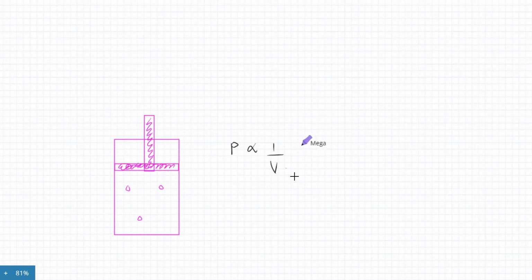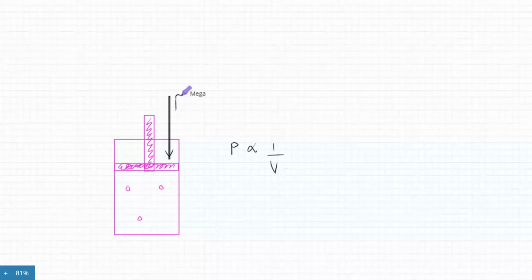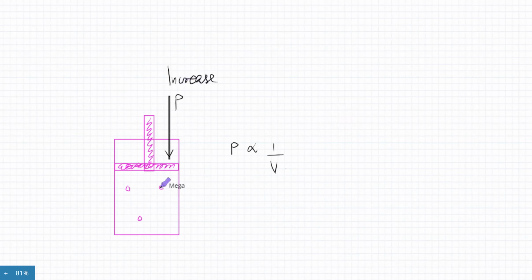And that condition is, so the relationship works perfectly fine. You increase pressure, I start compressing from the top. I start applying pressure. The gas would exactly behave according to this equation, and it would start compressing.